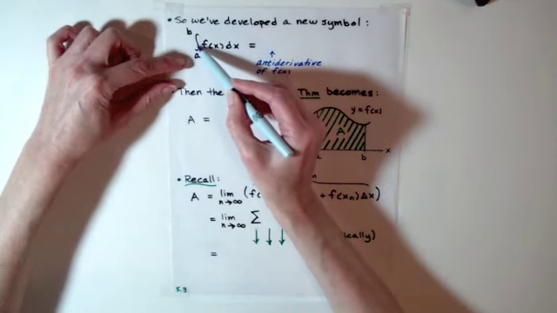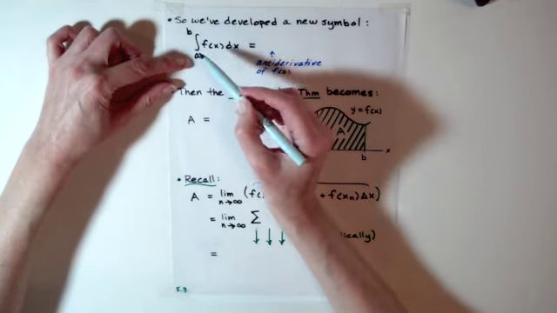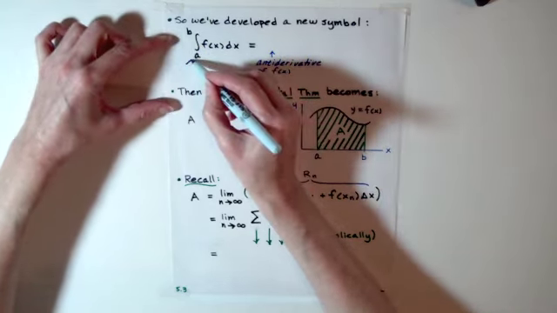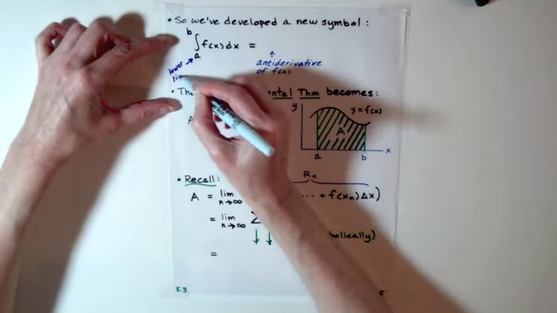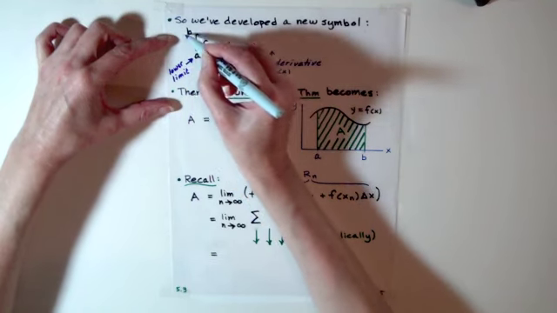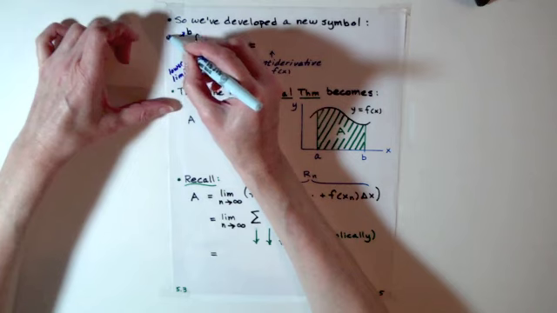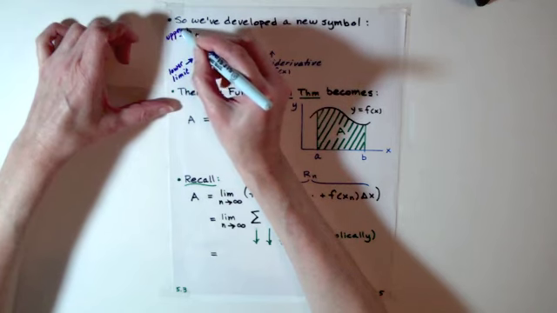We write our little indefinite integral sign just like we had before, but now it becomes a definite integral because I've put on a lower limit in general of a and an upper limit in the general case of b. So this is an upper limit.